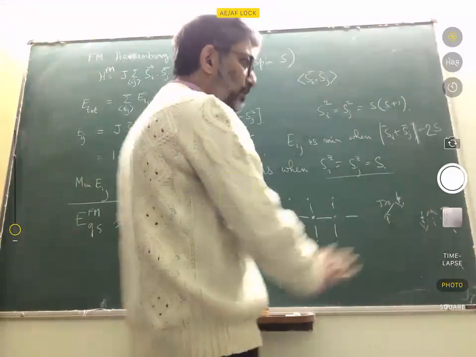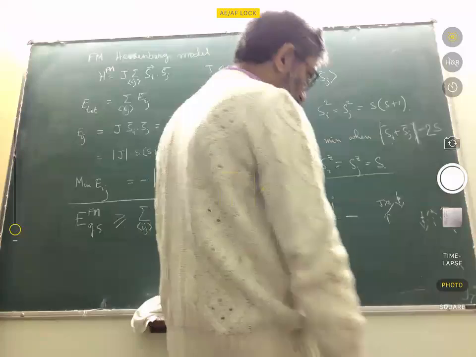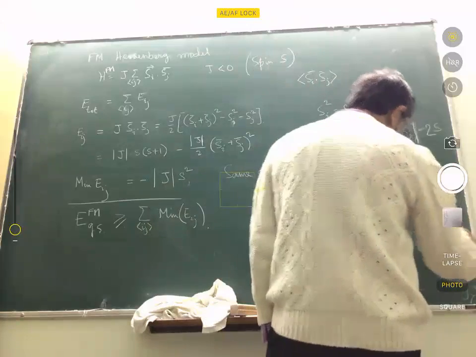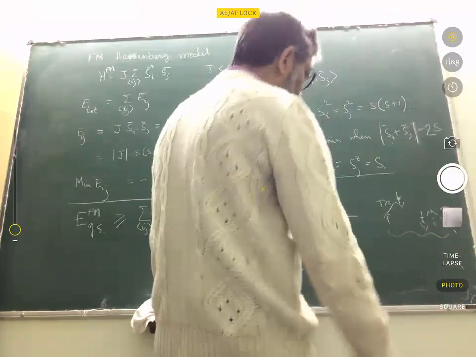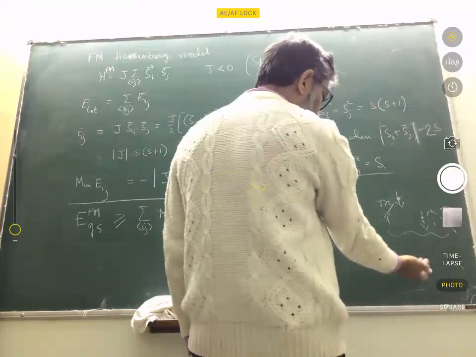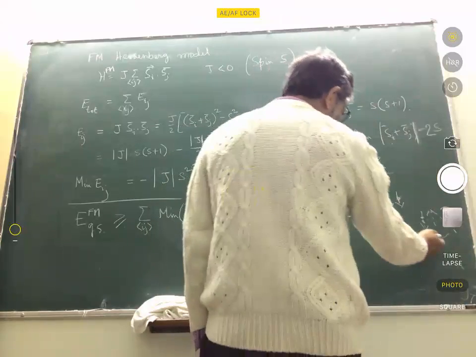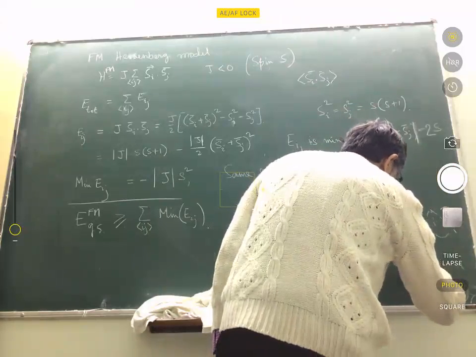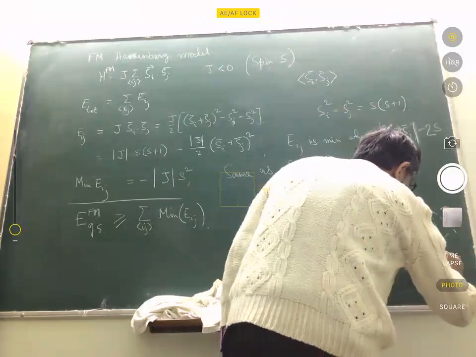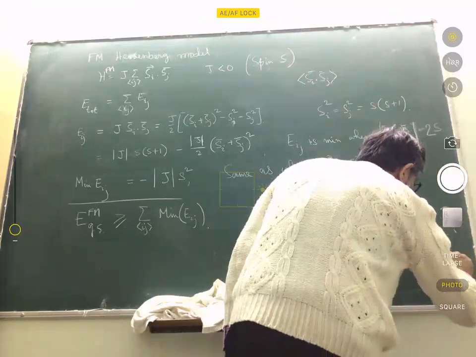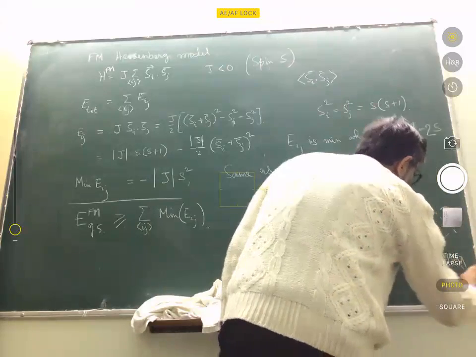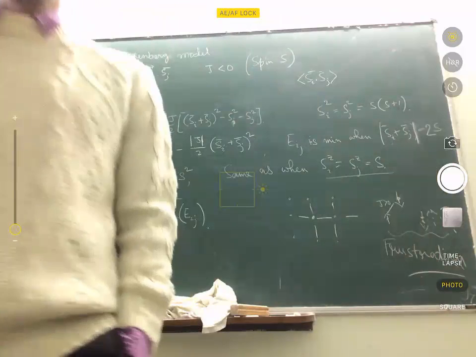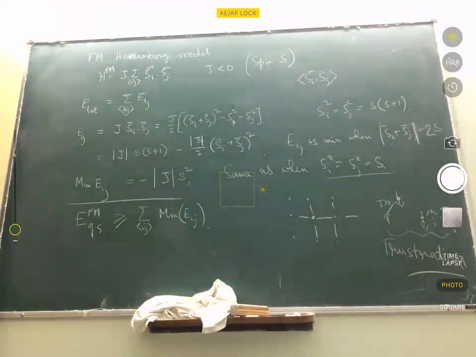But if you confine yourself to the up and down configuration of the spins, the energy cannot be minimized. And these 2 situations would give you exactly the same energy. And this is called frustration. The third spin is frustrated. It doesn't know whether to be up or down.